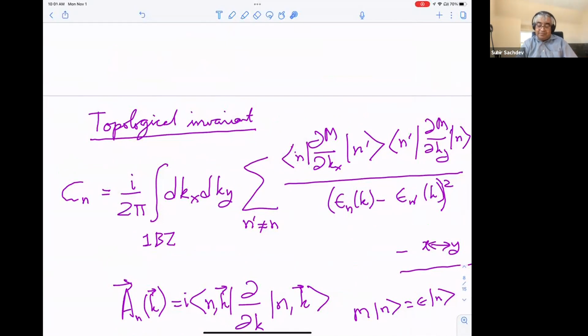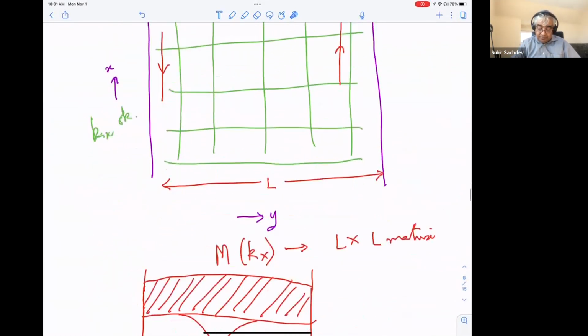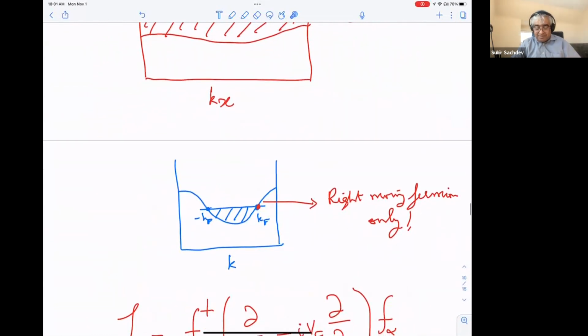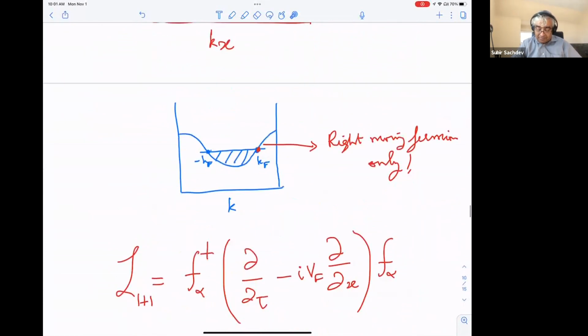But if you don't have time reversal symmetry, then it can be non-zero. Later on, as I mentioned already, Kane and Mele discovered a new invariant, which is non-zero even with time reversal symmetry. But that is not important for the anionic phase that we'll talk about.